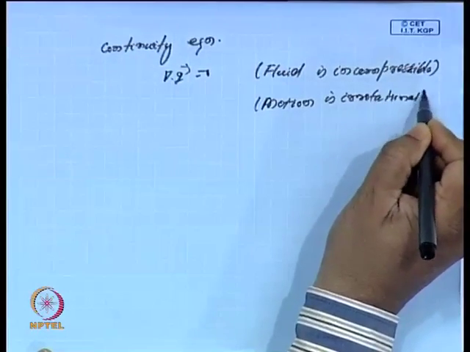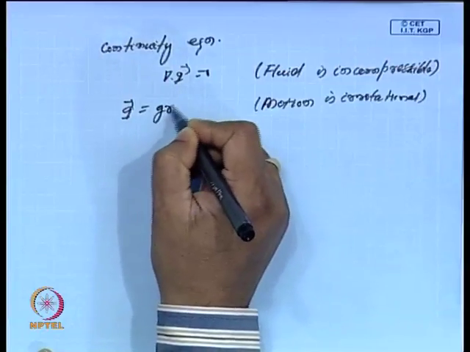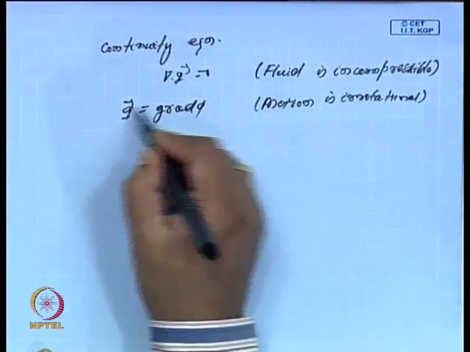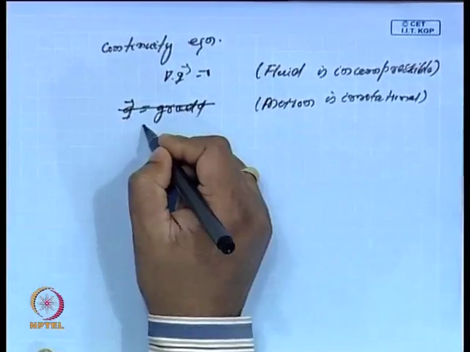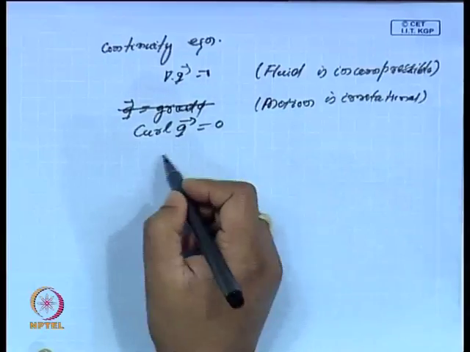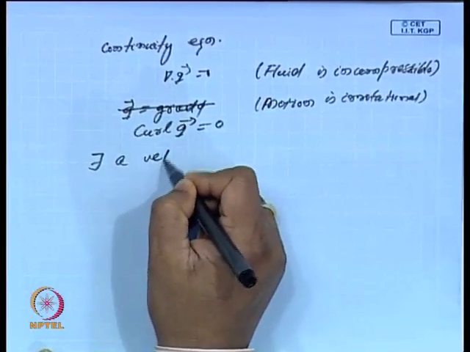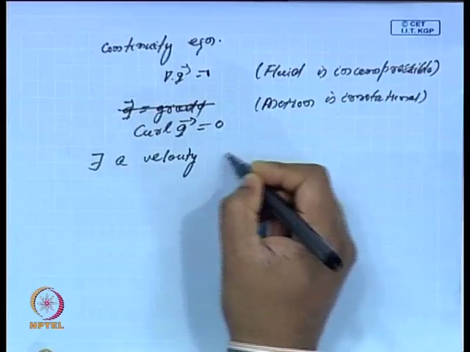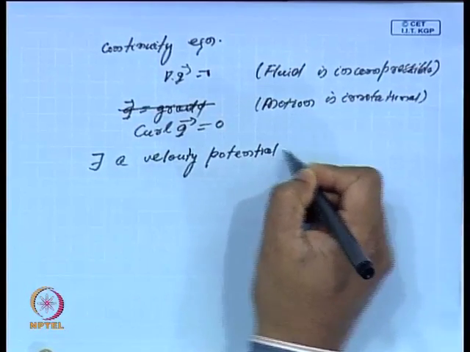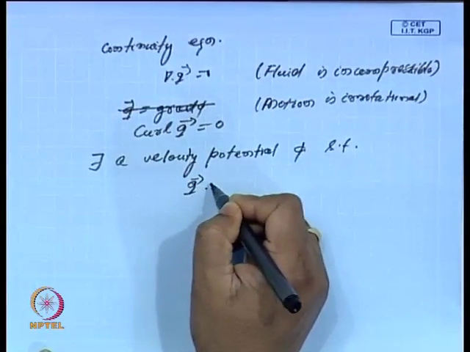When we have an irrotational motion, the curl of q is 0, and that gives us that there exists a velocity potential phi such that q bar is equal to grad phi.